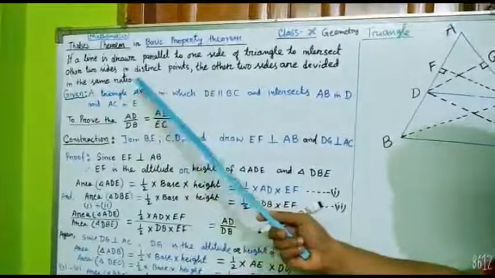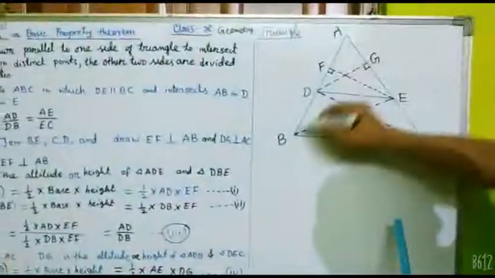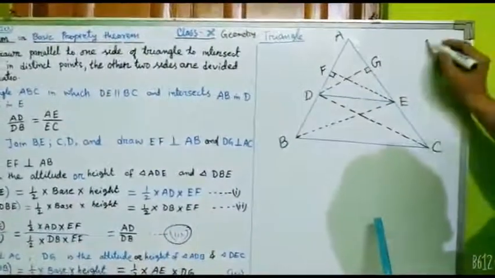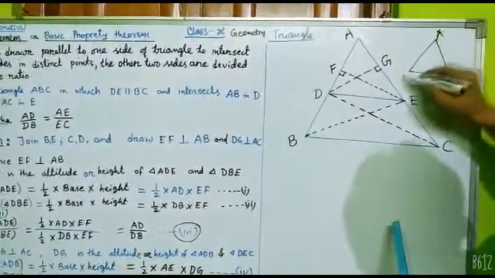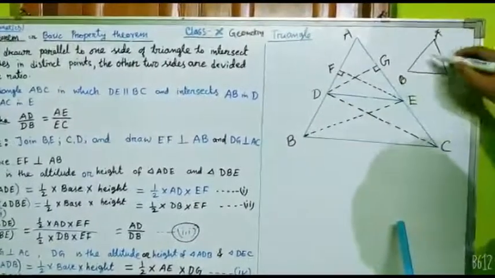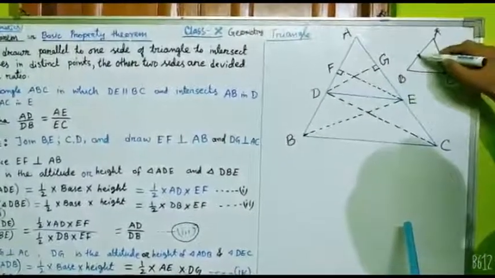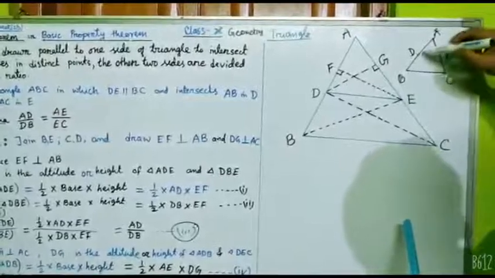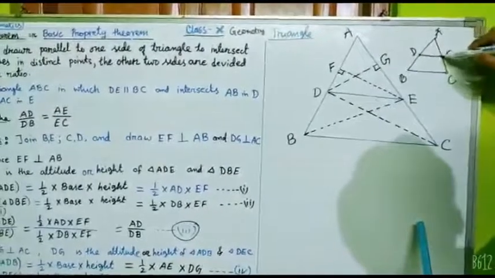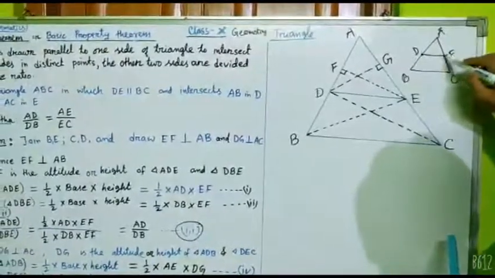Suppose, look at the board. Suppose this is a triangle ABC, and D and E are two points, and line segment DE is parallel to BC.